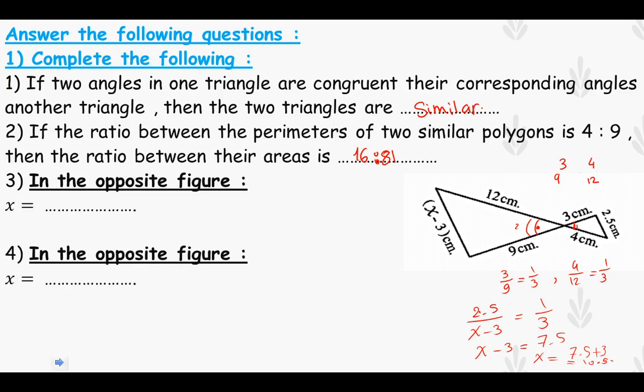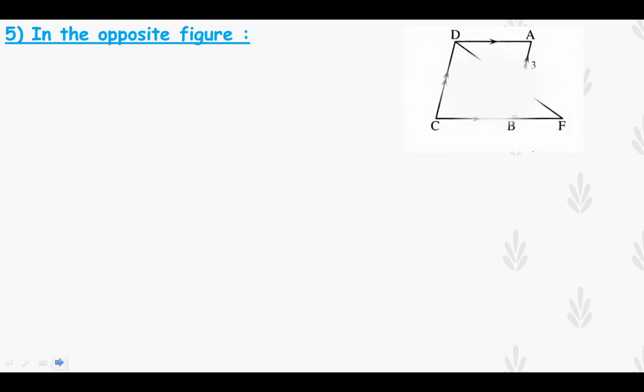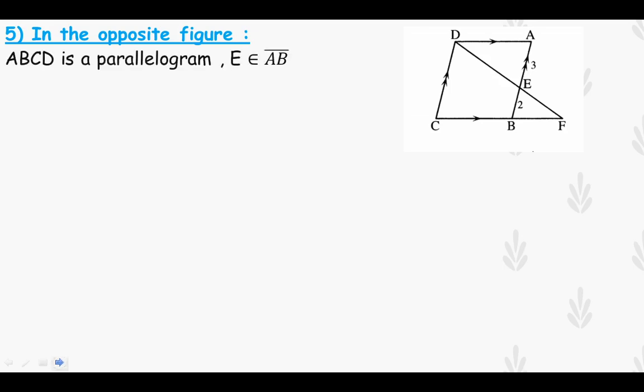Number 4. This is a repetition of example 3, the last example. In the opposite figure, ABCD is a parallelogram.